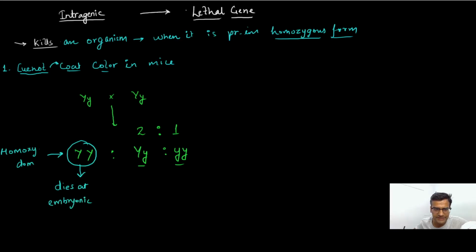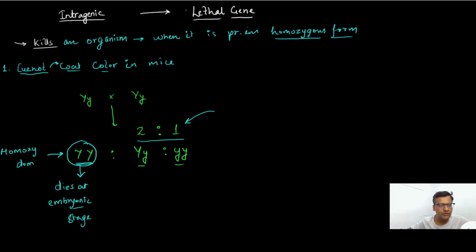So this organism doesn't exist in nature. So the ratio which should be 1:2:1 is now 2:1. This organism with homozygous dominant form doesn't exist in nature in the case of coat color in mice.